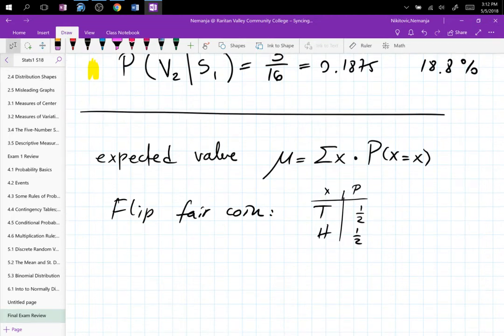Now if you think about this and calculate the expected value for the game, it would be like this. Let's make a game now. The game says, for heads, plus $1, for tails, minus $1.